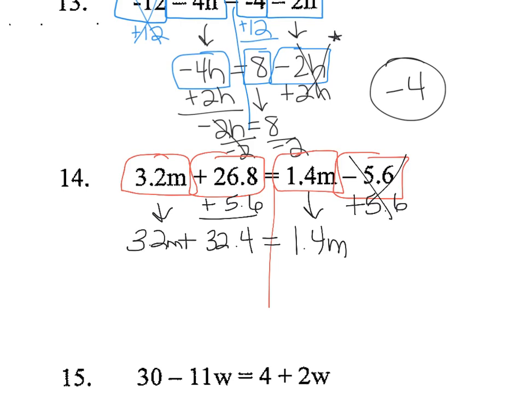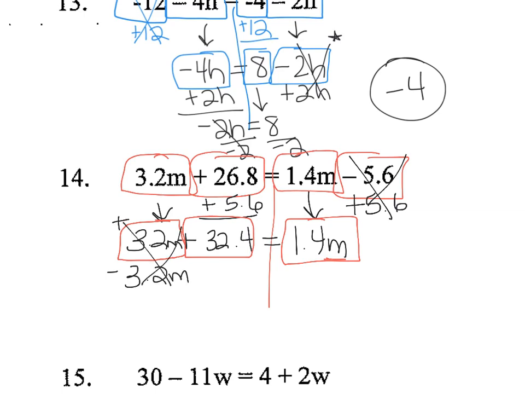And don't forget to bring down the letters with it. So 3.2m, positive 32.4, and 1.4. So there's only one thing I can move, and it has to be the m. So I'm going to move 3.2m. It's positive because there's no sign in front, so we have to subtract it.